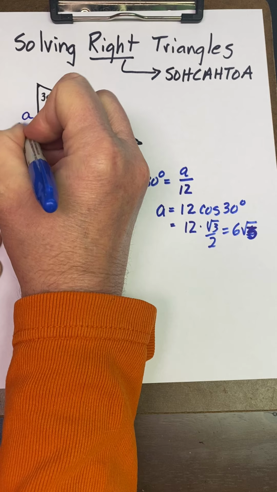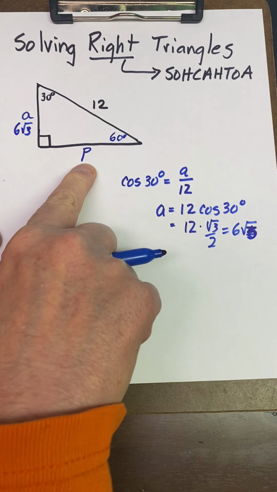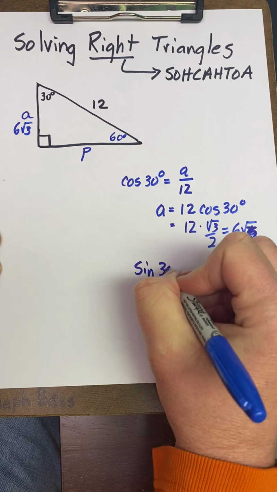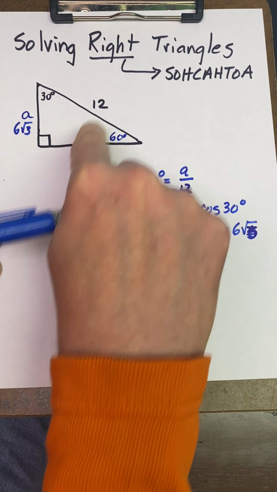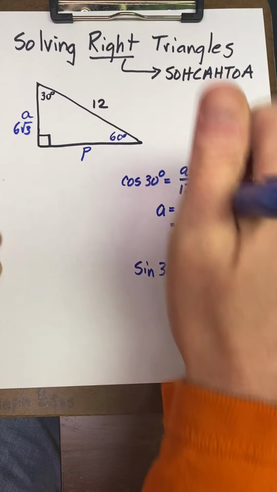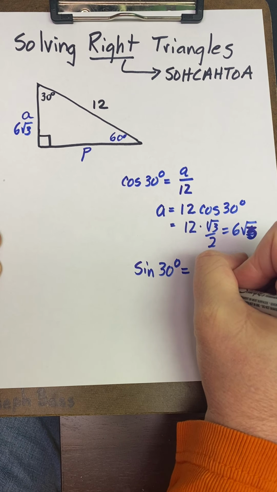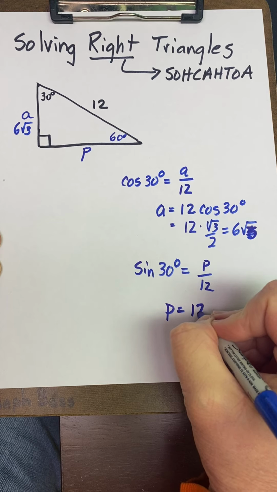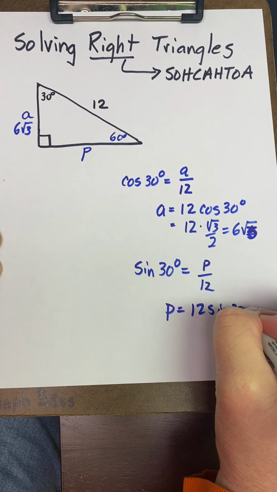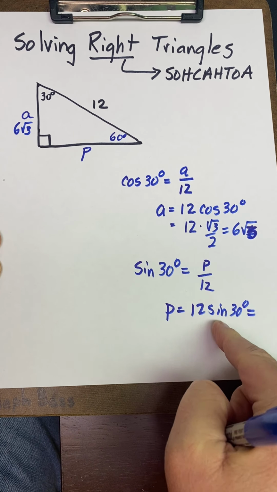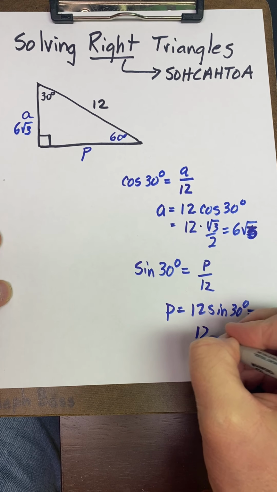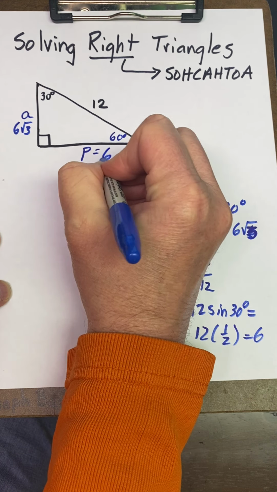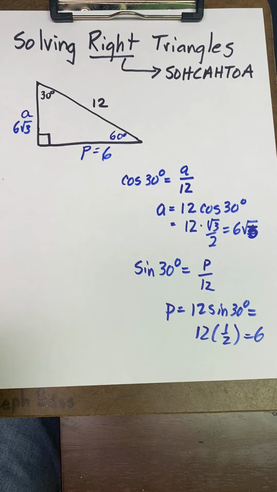So that's this side. And then we could find this side a couple of ways. The easiest way probably is to write down that the sine of 30 degrees is the opposite over the hypotenuse, opposite 30, P over 12. Multiply both sides by 12. P is 12 sine 30. And the sine of 30 degrees is 1/2. So this is 6. And so I found the three pieces that were missing.